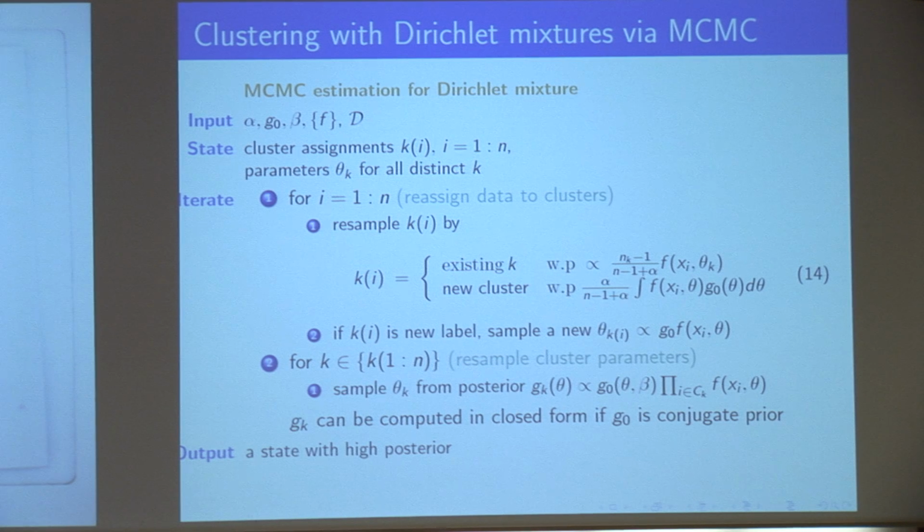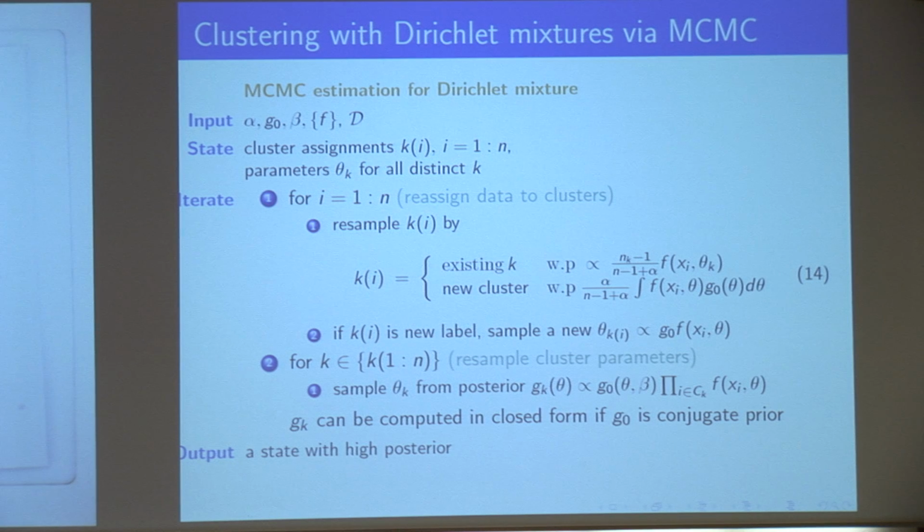And this is assignment. I roll through this for all the points, which means that many times a point will be assigned to the cluster where it belonged if that cluster describes it well and is large enough. But occasionally, any point, even if it's described well by a cluster, can jump to another cluster or create a new cluster.